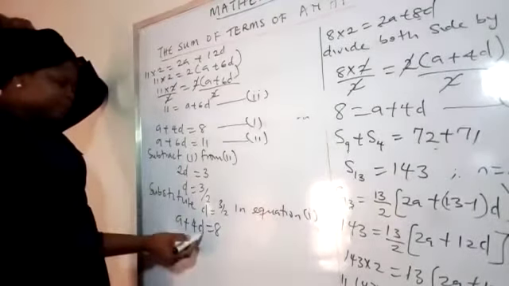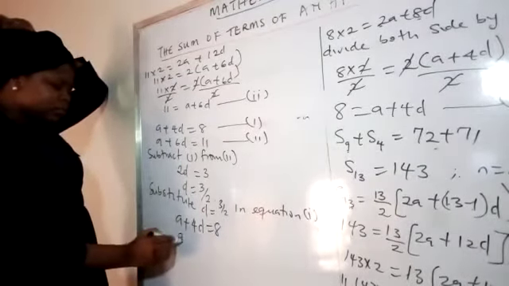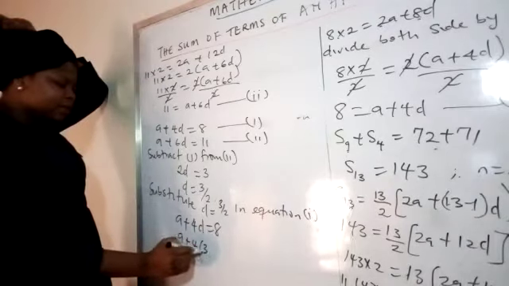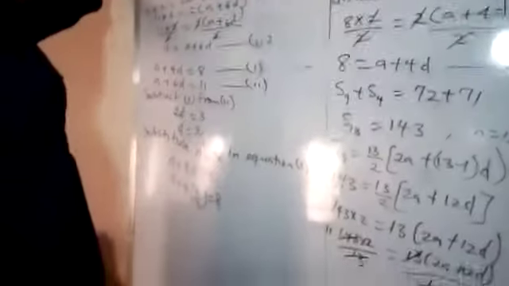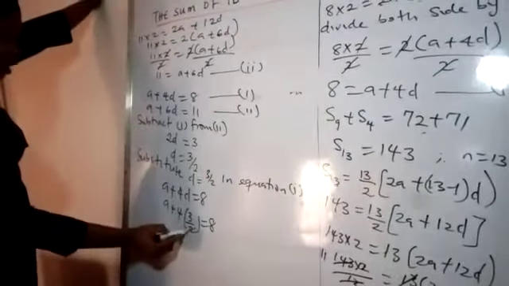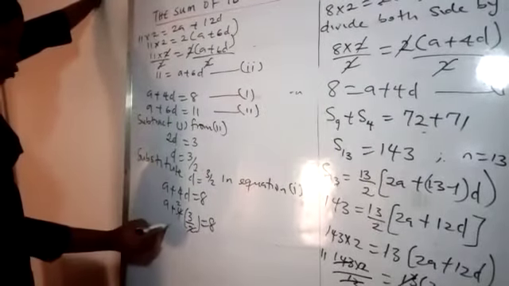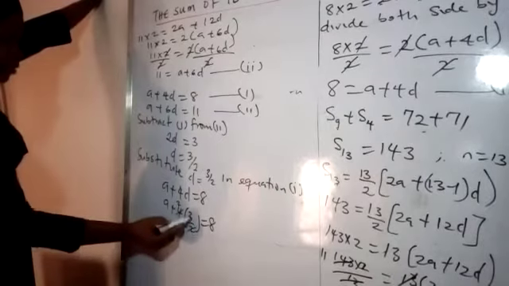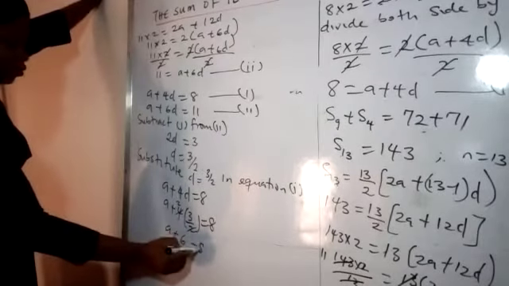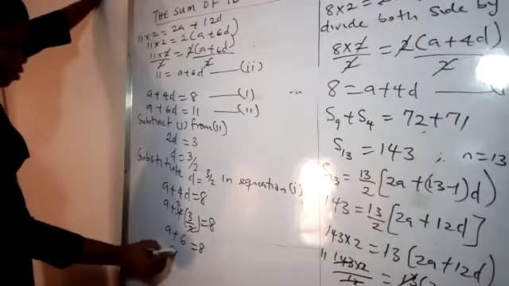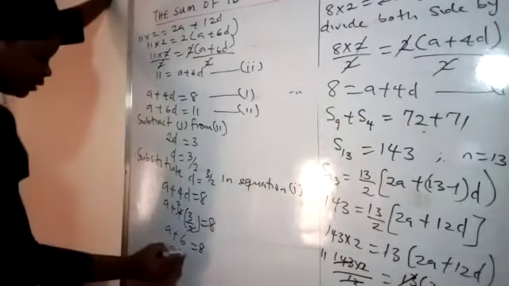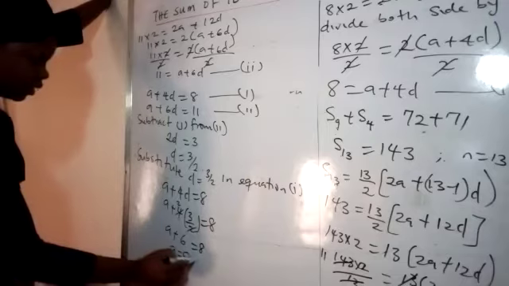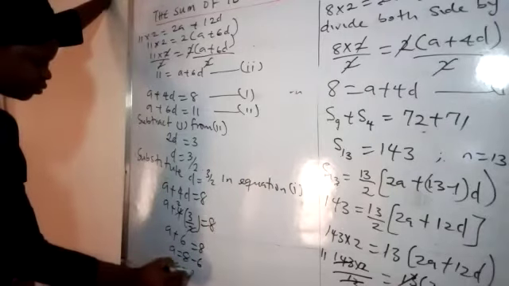So if I put d here as 3 over 2, I will have a plus 4 bracket 3 over 2 equals 8. I know that 2 can go into 4 two times. So I have a plus 2 times 3, that is 6, equals 8. Now, if I collect like terms, I have a equals 8 minus 6. Therefore, my a is equal to 2.